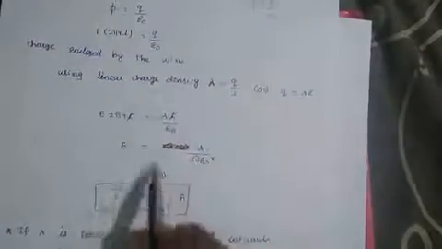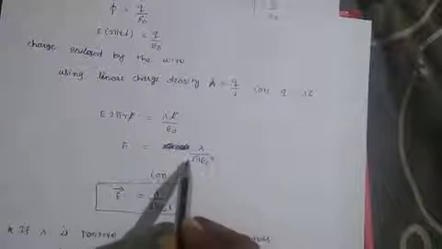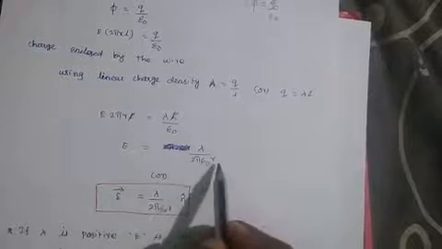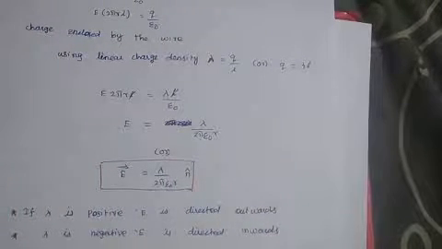L cancels, so E is lambda by 2 pi epsilon naught R. In vector form, you multiply by a unit vector along this direction.